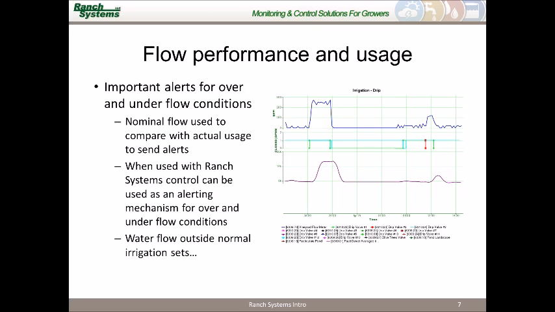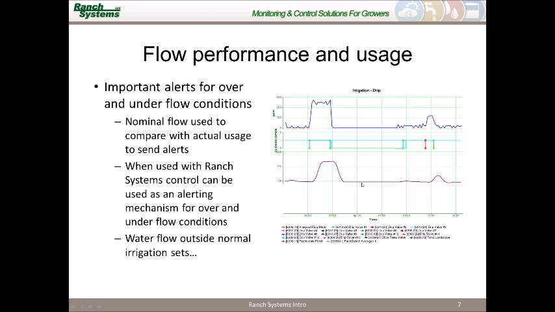Outside of the normal irrigation alert feedback, which tells us if there's overflow or underflow, these pick up the subtle variations in the data and create an analysis that can be used on a higher level to see if there's an issue. For instance, clogged emitters.